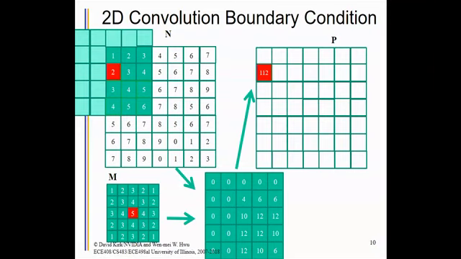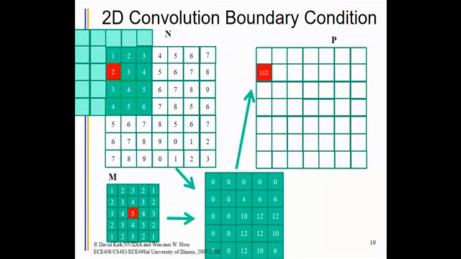You use all real input values to generate output values, and the first real value that you can generate is actually starting from this location, position, right? So that's why your output is going to only correspond to this part, and there's a reduction of input size to output size when we look at things like LeNet and so on.